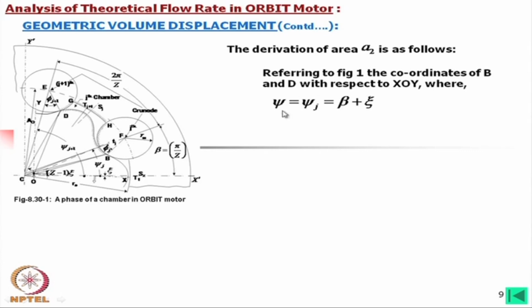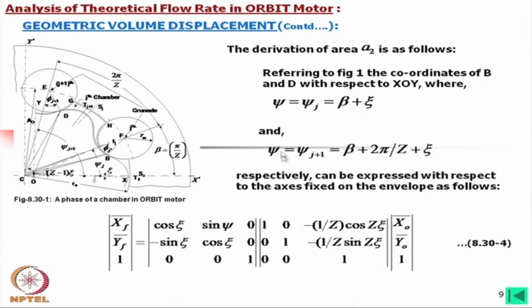Now, for the generation, we take for the jth chamber, psi j is equal to beta. Beta is in this case pi by z, that means half of the angular spread between two rollers, plus the angle of rotation. So, beta plus angle of rotation we will consider for this one.